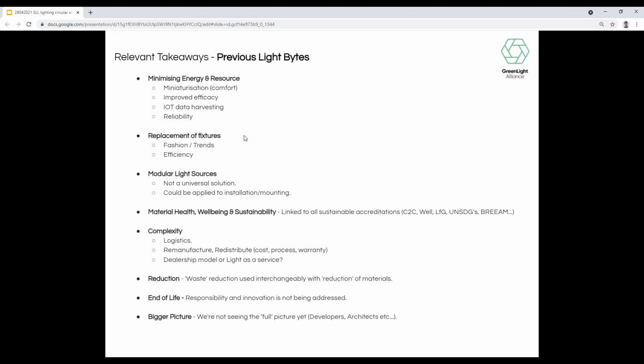There was discussion, or we touched on the modular light sources, and the takeaway for me in this was that it's not a universal solution to have modular LED boards or modular drivers necessarily for all products. There's certain applications where it can be very useful, but others where perhaps the extra embodied energy needed for that doesn't get realised throughout the life of the project.